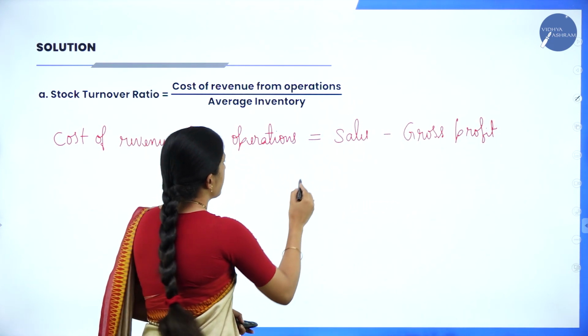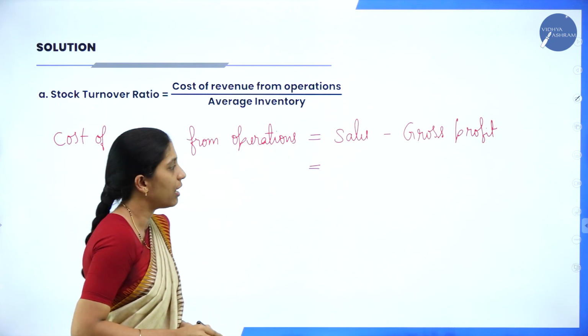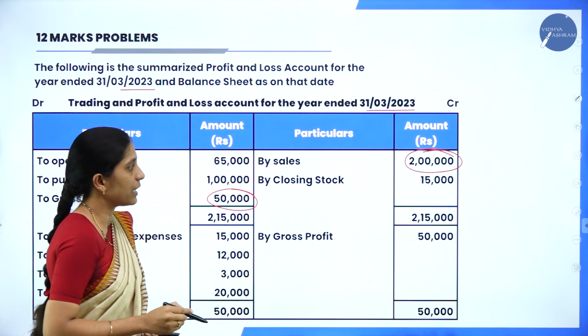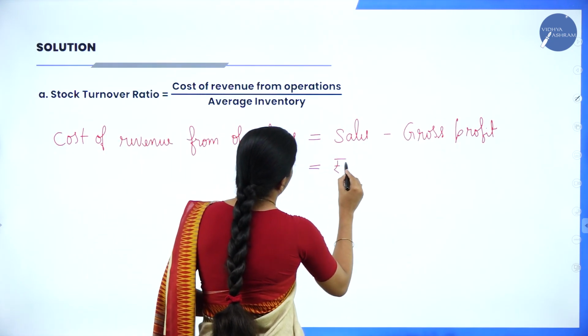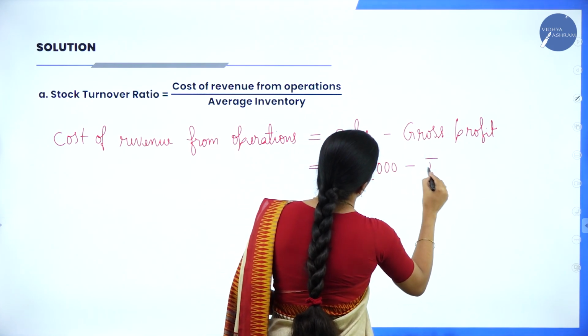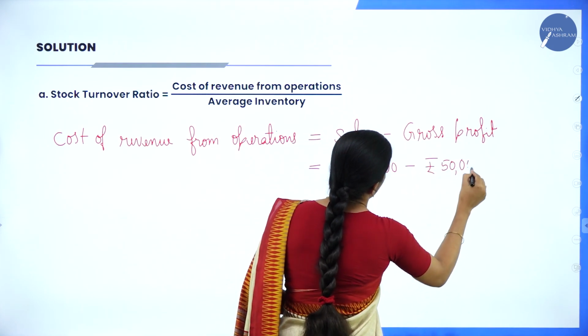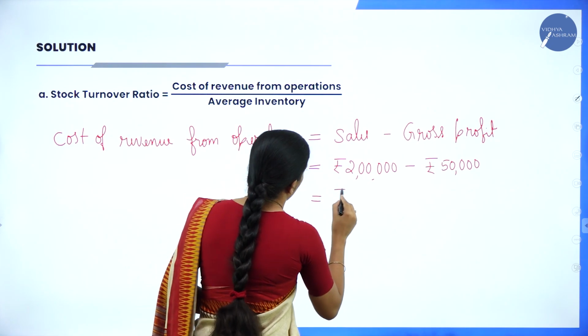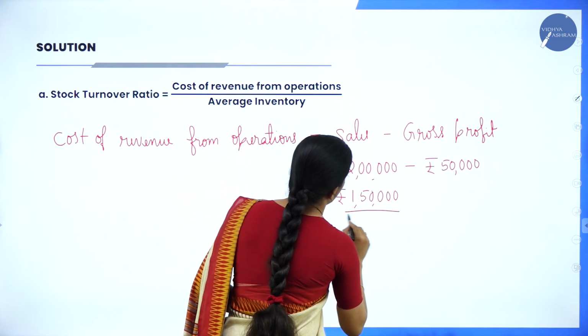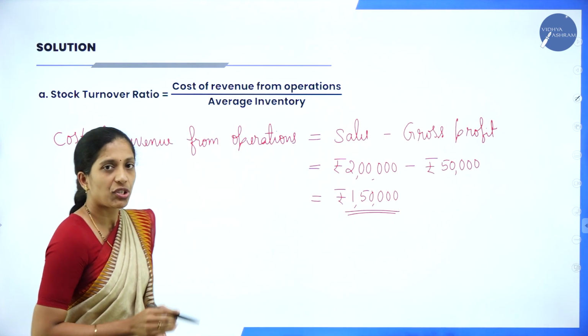So how much sales they have given in your trading account? If you see the question here, 2 lakh minus 50,000, that is rupees 2 lakh minus rupees 50,000. So that will be rupees 1,50,000. The cost of revenue from operation is done.